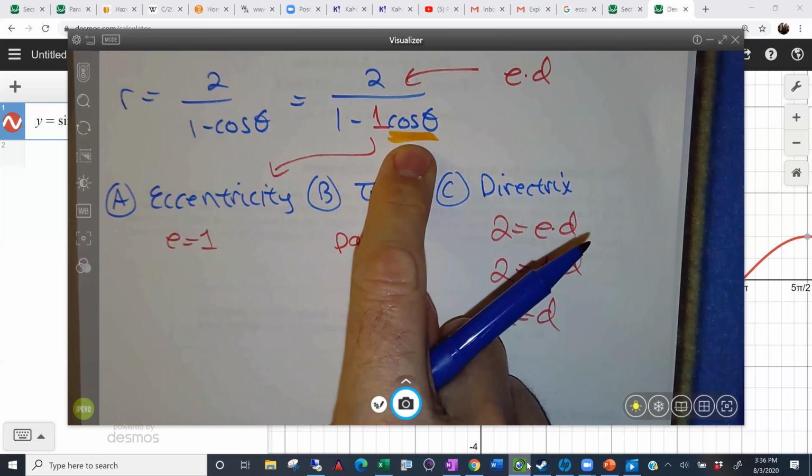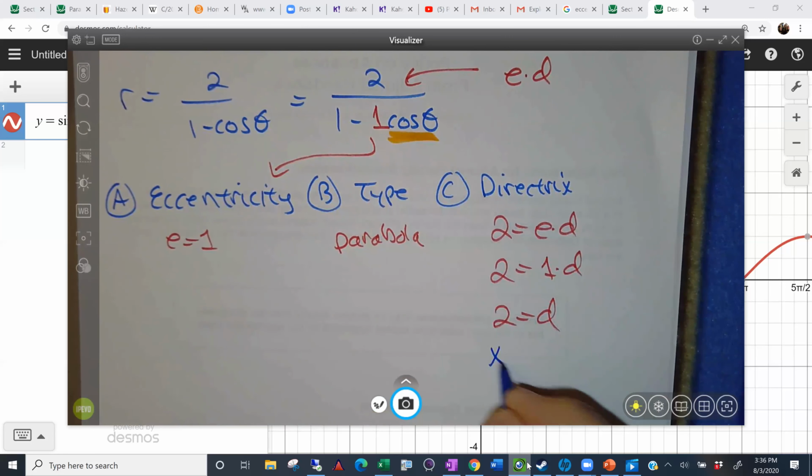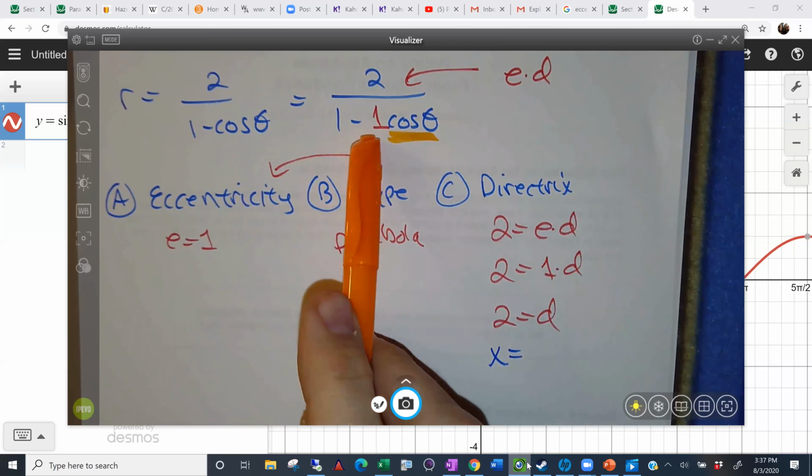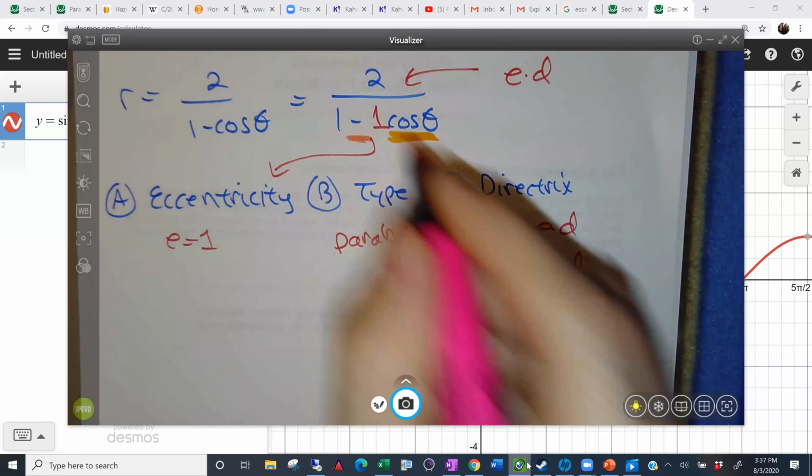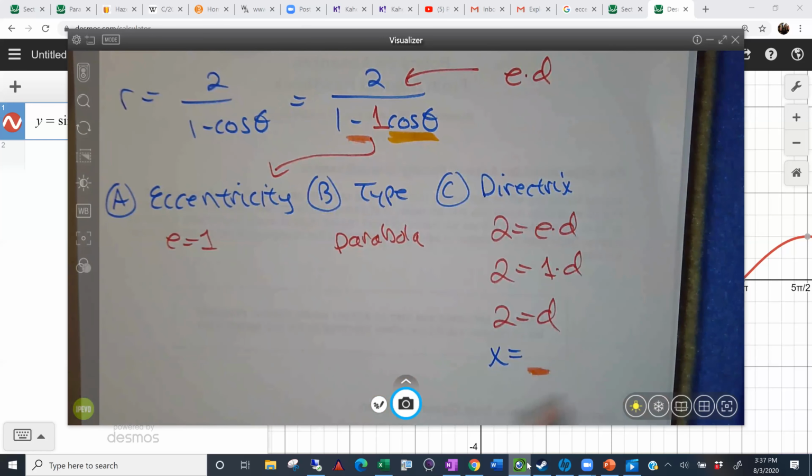Cosine goes with which coordinate, x or y? X. Thank you. It's going to be x. Good. Now someone else, is it going to be positive or negative? Negative, because they're going to match. So it's going to be negative 2.